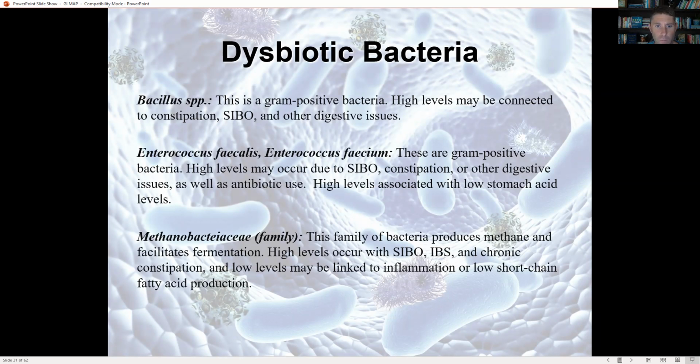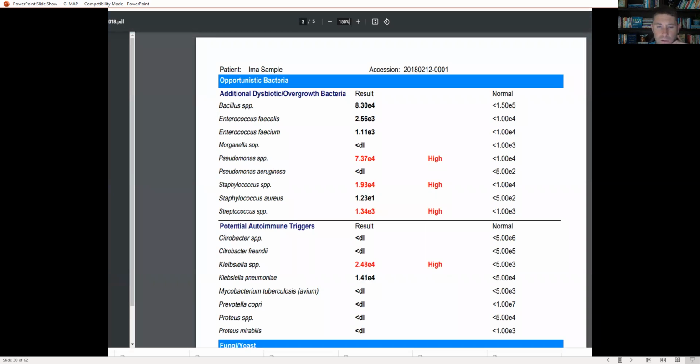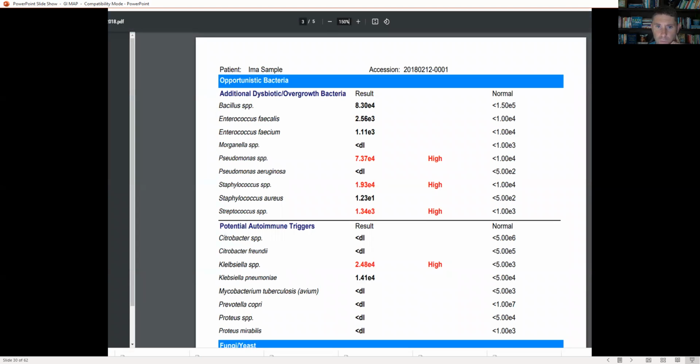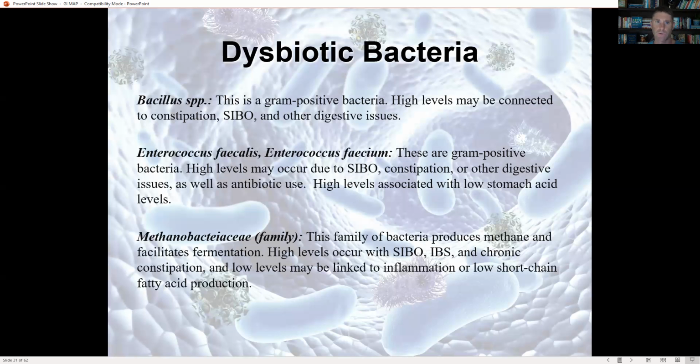Yeah, the Bacteriaceae family, along with the Morganella, if we're seeing those elevated, those can be signs of SIBO, right? So those are other ones to look at for SIBO, whereas the Pseudomonas can cause more gut inflammation issues, right? And staph, they can cause just more gut inflammation issues.